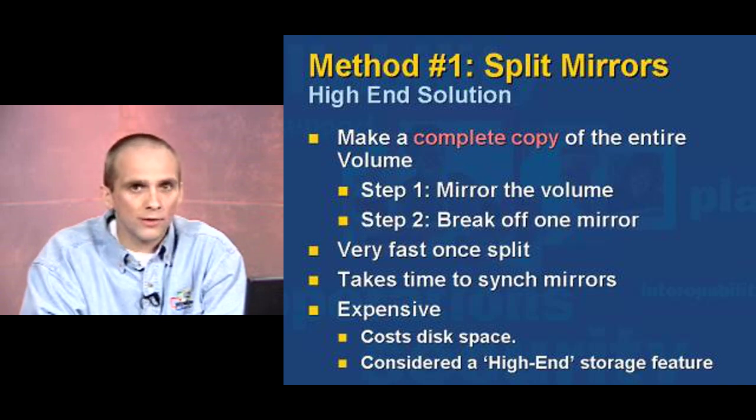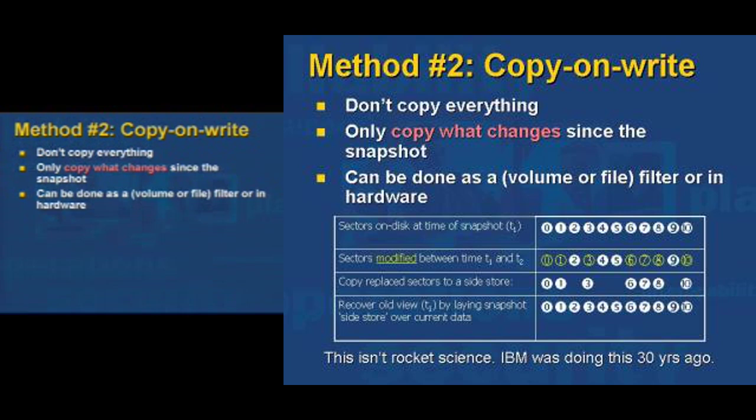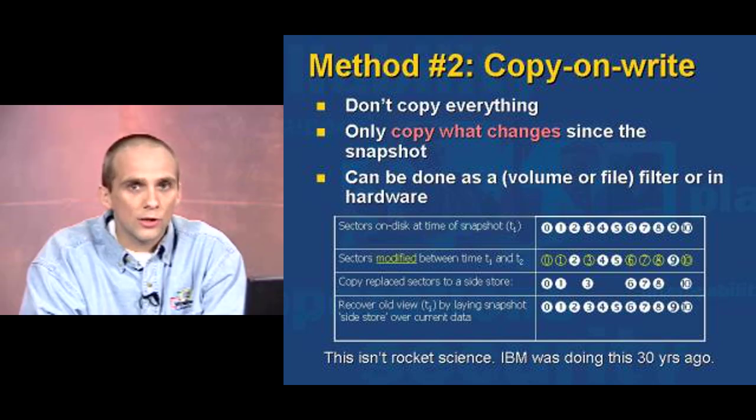But the same concept of a snapshot applies at the low end, using what's called a copy-on-write driver. And the idea here is don't copy everything. In this case, only copy the things that have changed since the snapshot. Because we have the original disk, and all we need to know is what changed, the sectors that were overwritten.